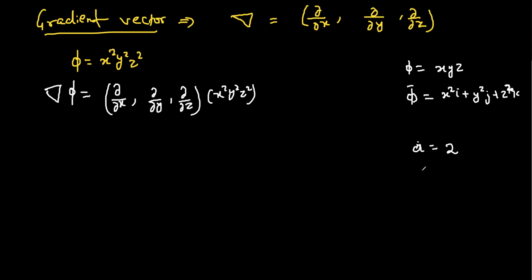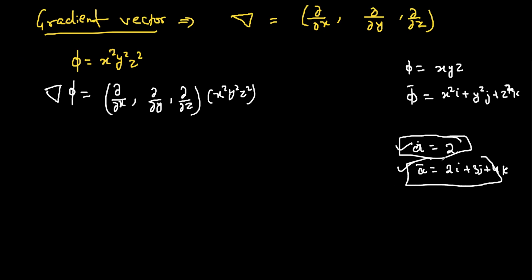You tell me, this is 2 and this is 2i, 3j plus 4k. What is the difference between this and this? Definitely there is a difference. This is a scalar and this is a vector. You know a vector is also represented in this way: 2, comma 3, comma 4.